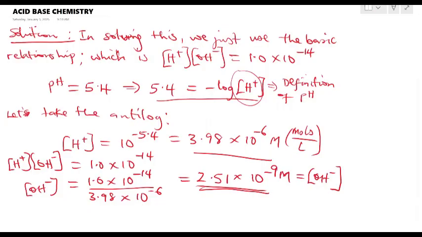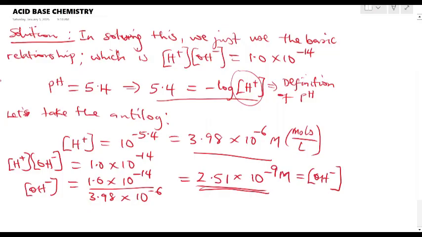All right, so note that to get the pOH, like we have the pH is 5.4. Now you know the hydroxide ion concentration, that's the OH minus concentration. You can simply get the pOH by taking the negative logarithm of the OH.